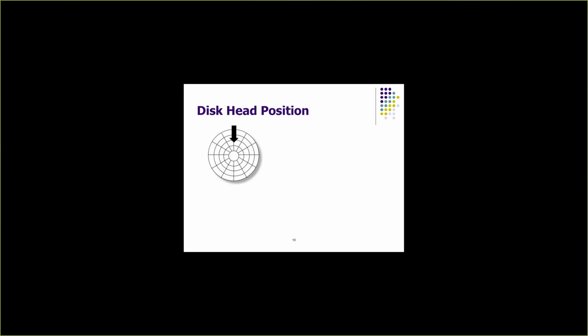Now, let's say the read head is at track 3. The disk usually rotates counterclockwise. So there are two movements that can happen in a magnetic disk, right?